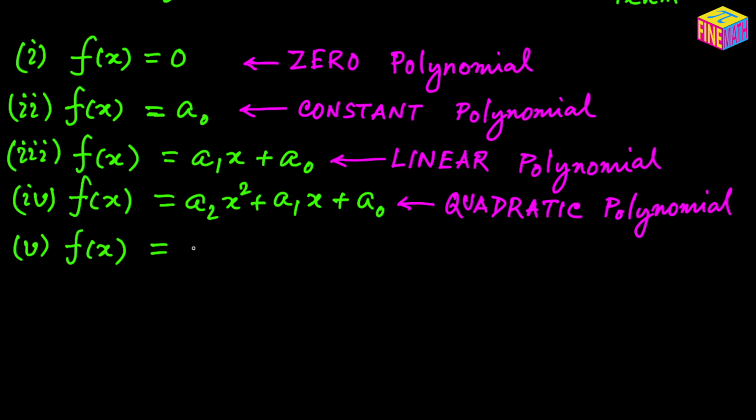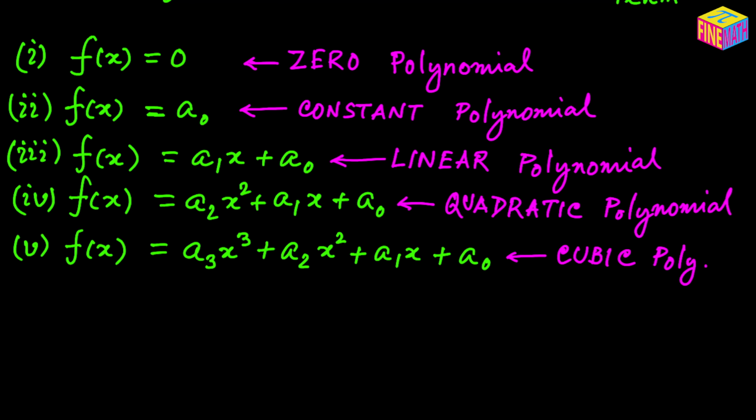It will only have the a sub 3 x cubed term, plus a sub 2 x squared, plus a sub 1 times x plus a sub 0, right? And this type of polynomial function is called a cubic function, because here the highest power term has power 3 for the independent variable x, right? x has a power 3, so it's called a cubic polynomial.